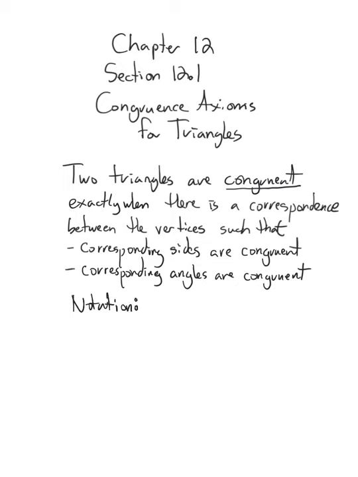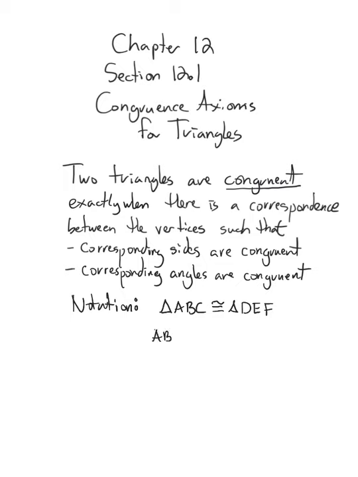So if I want to say the triangle ABC, and we use this little symbol to mean congruent, looks like an equals with a little tilde over it, is congruent to triangle DEF, the way this notation works, it tells you the following things.